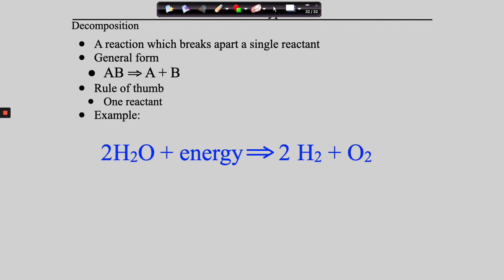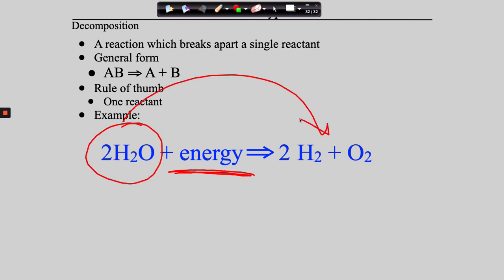Guys, draw that in your notes. What I would do is I would just draw arrows showing that you're flipping sides. So if synthesis puts it together, decomposition takes it apart. So now we've got water breaking into hydrogen and oxygens.